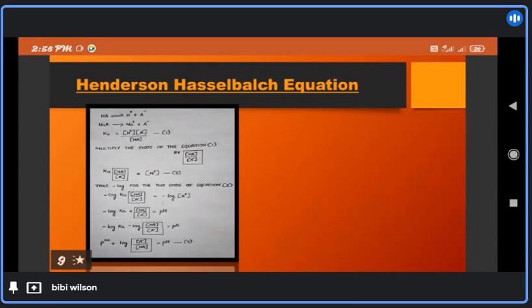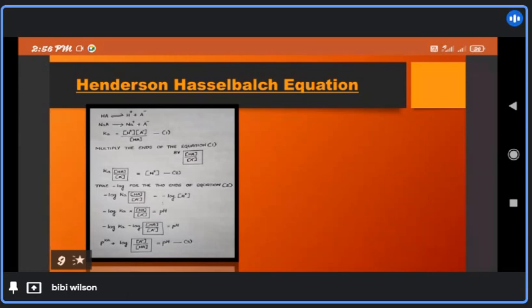We take this as equation 2. Take minus log of both sides of equation 2. Then the equation changes to minus log of Ka times the concentration of HA divided by the concentration of A- equals minus log concentration of H+.